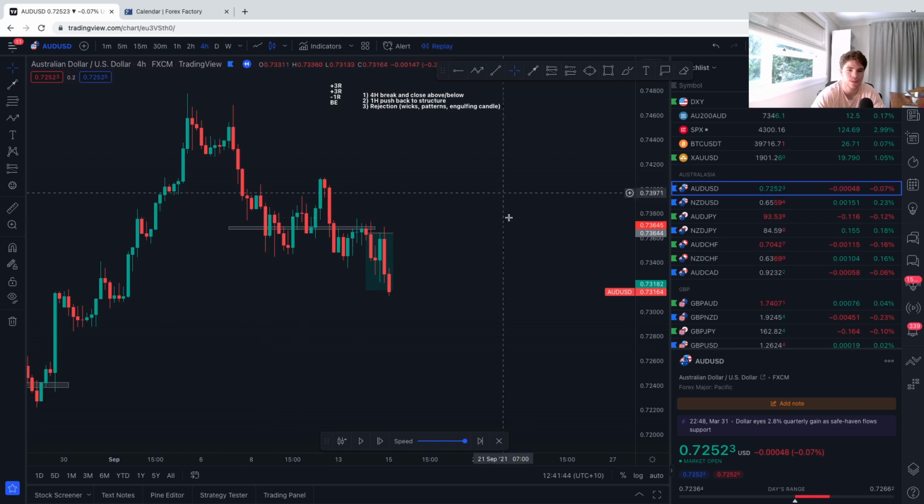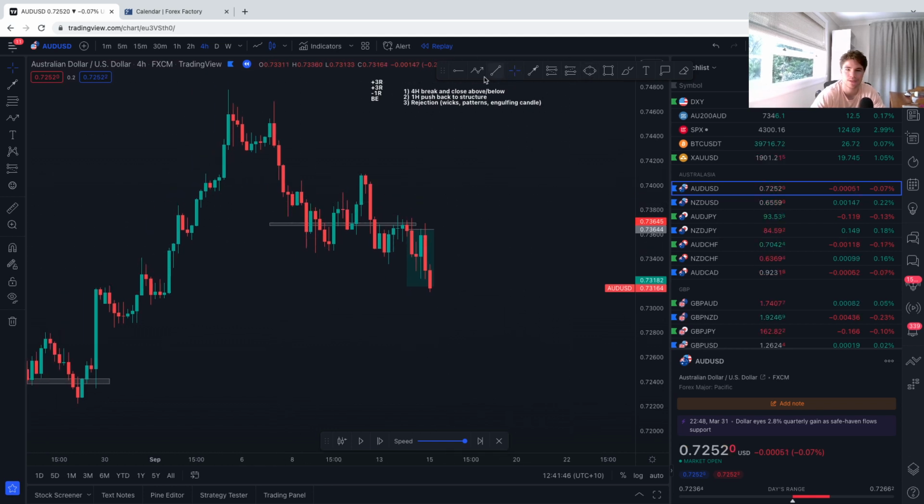So let's break down this trade because I think it's quite a bit more complicated. We can see the 4H creating a little consolidation area here, create that little structure there, push up, fake out, and we break and close below that structure. And then we're coming back to that level. If we drag this out here, the key level is this one right here.